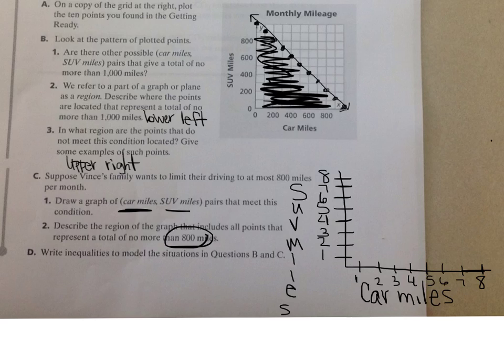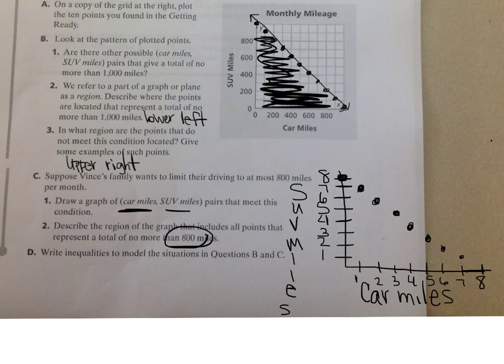All right, how can we draw a graph with points that are no more than 800 miles? They could drive the car 0 miles and the SUV 800 miles. They could drive the car 100 miles and the SUV 700. 200 and 600. 300 and 500. 400 and 400.